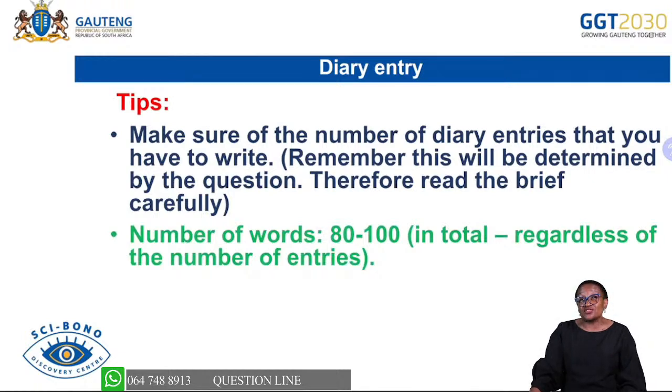If it's two entries, still the same, between 80 and 100. Three entries, still the same, between 80 and 100. So the number of entries has no influence on the total number of words that you are expected to write. It still boils down to 80 to 100 words.